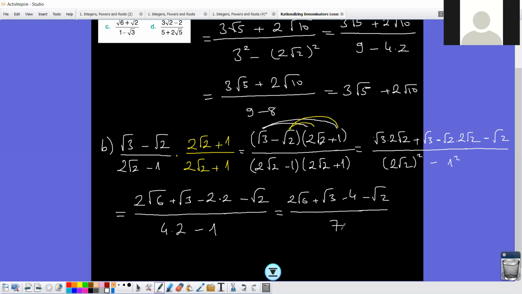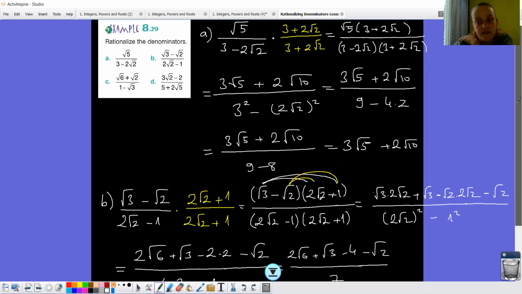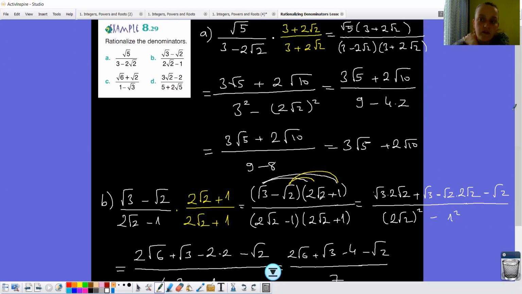So see, I don't have square roots in the denominator anymore. It's okay? Did we understand? Yes, teacher. The others? I want to hear from all of you. If you have any question, please ask.